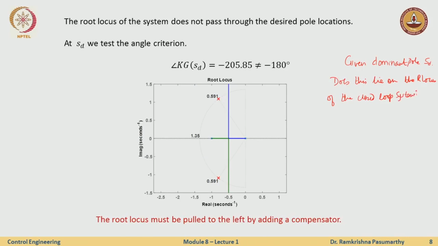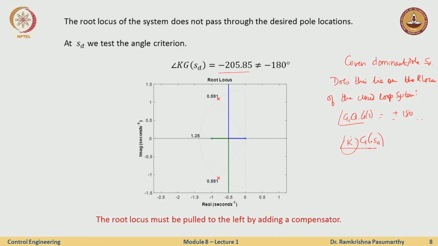And I know that a good way to check this is that the angle of the compensator plus the plant should satisfy this condition, plus minus 180 degrees. So if my controller is just a K, and then G, I check the angle at G of s_d. Now this turns out to be minus 205.85, which is not 180. Therefore, there will never exist a gain K such that K times G at s_d is 180 degrees.